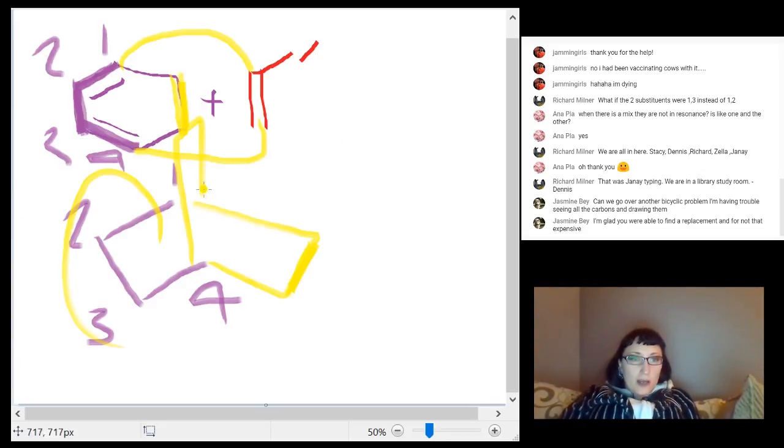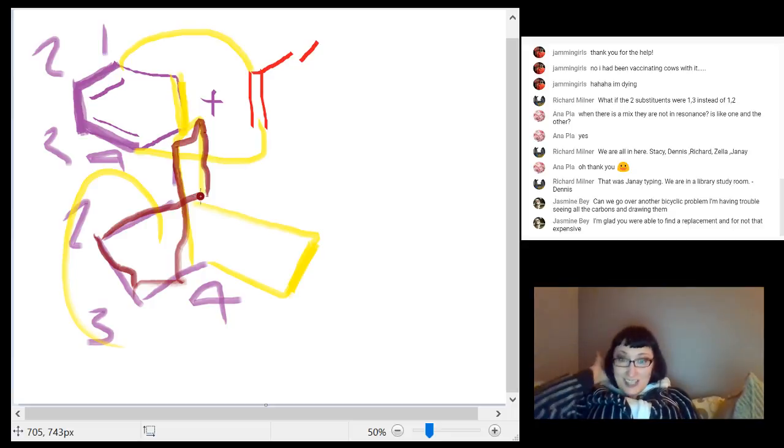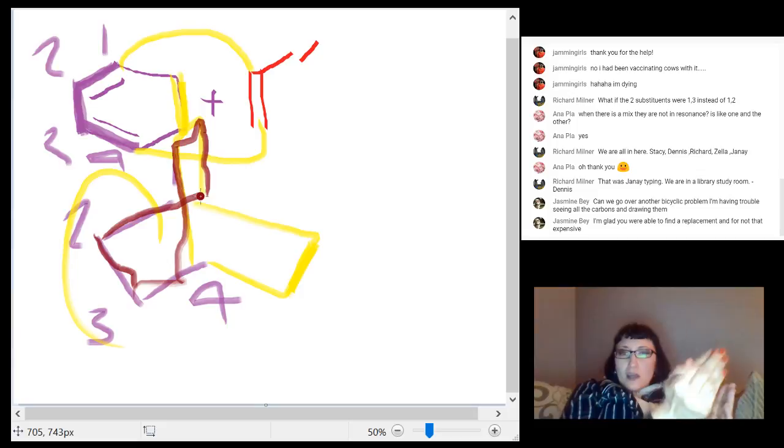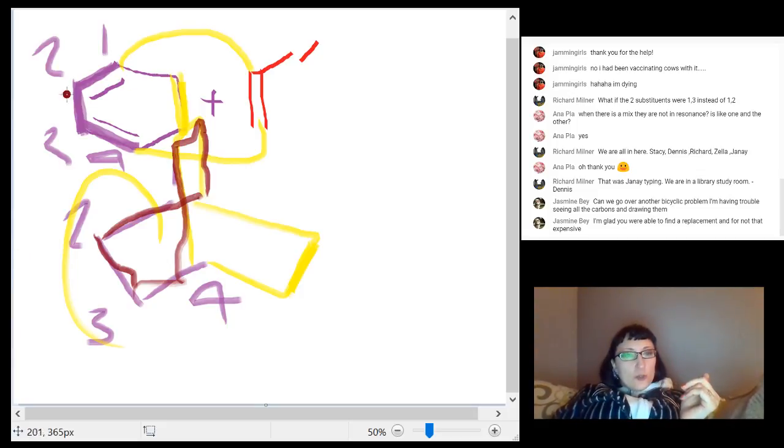Let me highlight that in burgundy. 1, 2, 3, 4, 5, that is 6 carbons, right? That is a cyclohexane. It's not in the chair conformation. It's in this weird little cup-looking thing. So this would have the double bond there. That would have my halogen, whatever my halogen would be. Doesn't really matter at this point.